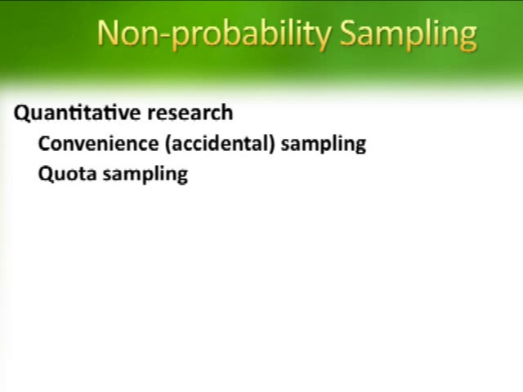Quota sampling looks kind of like our stratified random sampling, but there's no random selection involved. If you can visualize this, you as the researcher are standing outside of a physician's office.